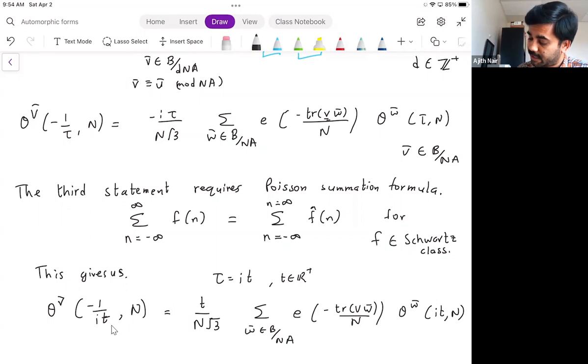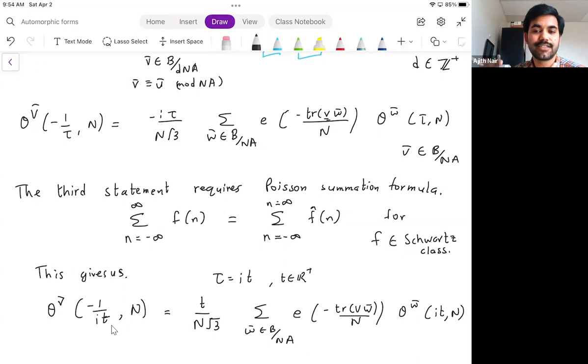So if I take tau equal to it, and substitute 1 over t instead of t, then how does the theta function change?